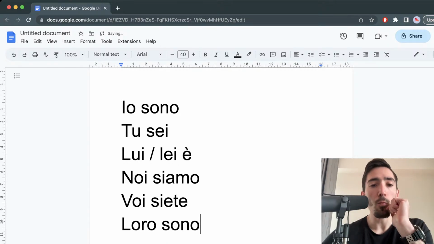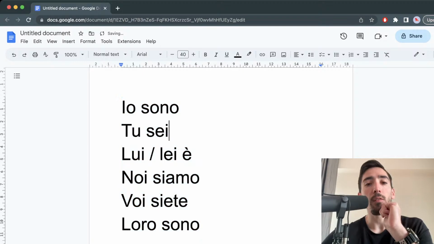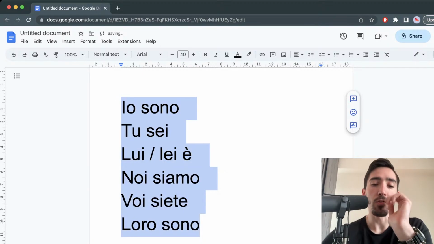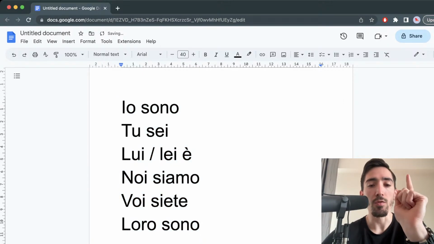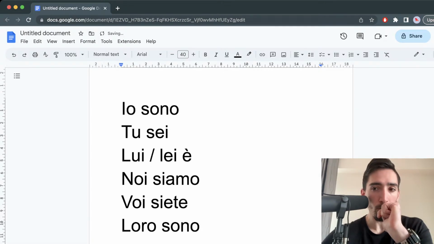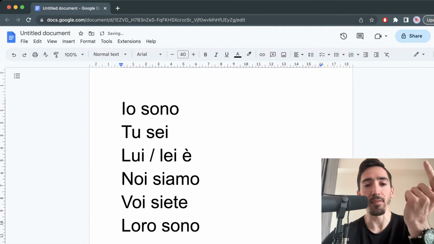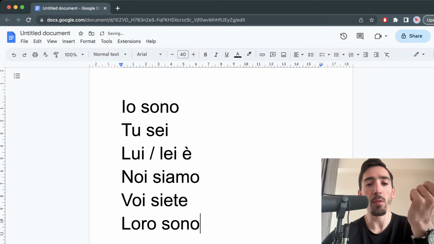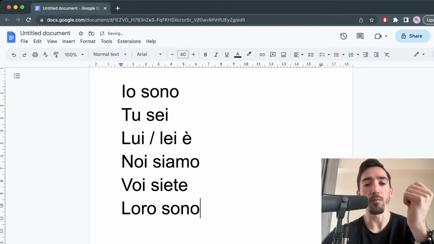So the reason why the conjugation for the verb to be is so important is because we are going to need it for another tense that is also useful in Italian.